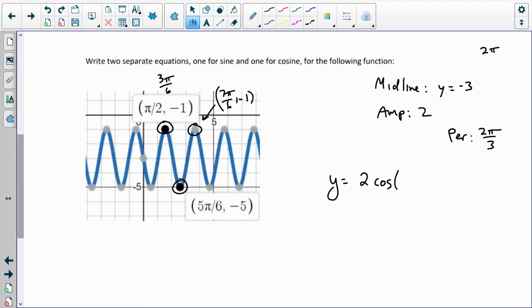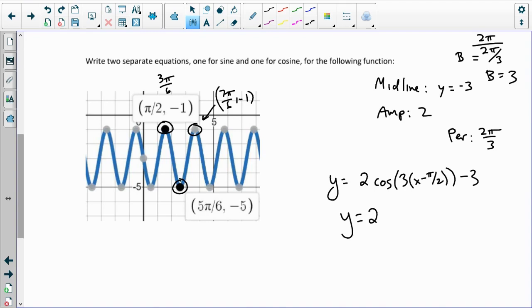So b equals 2 pi divided by 2 pi over 3, which if I manipulate, I end up getting b equals 3. So that means I have 3 times x minus pi over 2 minus 3. That's a positive cosine graph.